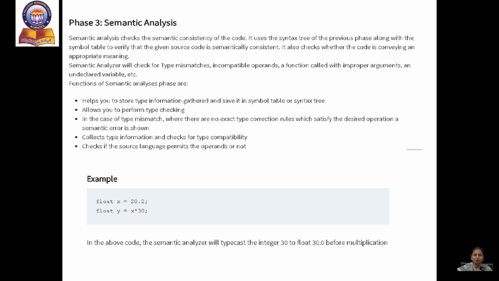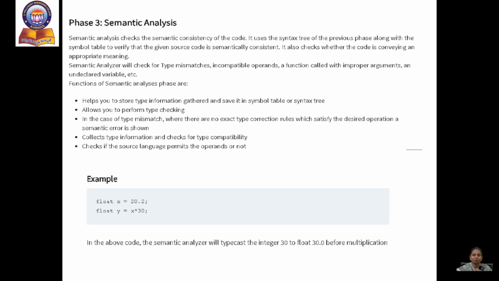That is, whether the parse tree constructed by the syntax analyzer is semantically consistent and meaningful, or if any type conversions are needed, which can be done automatically by the semantic analysis phase. That is the actual responsibility of the semantic analyzer.